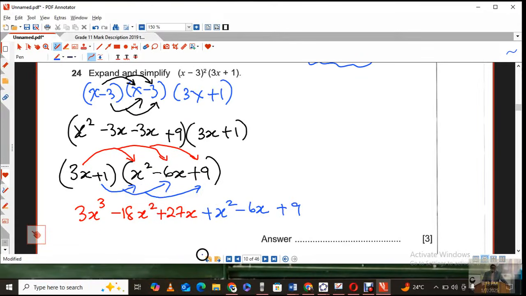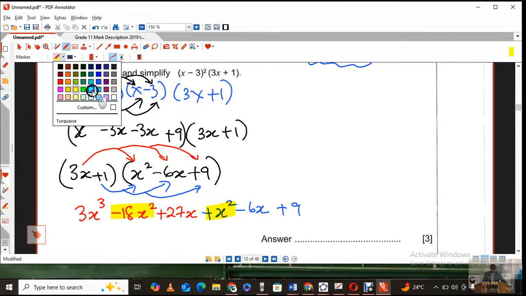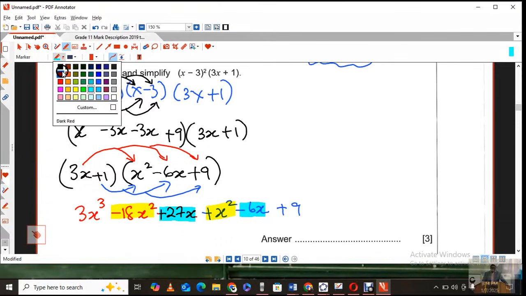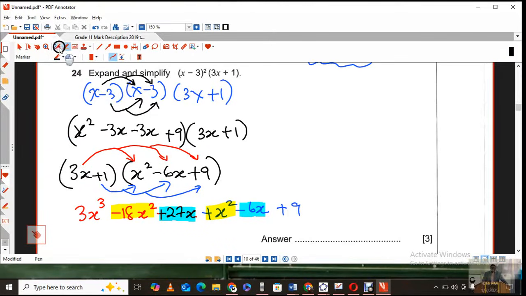So we can clean this up by looking at the like terms. 3x cubed is just 3x cubed. But looking at the like terms, this minus 18x squared and this one are family members. You can also say this 27x, the positive 27x, and the minus 6x are family members. So let's finalize our answer.